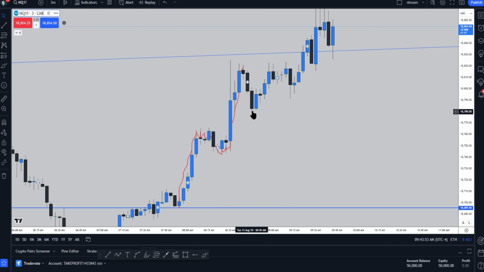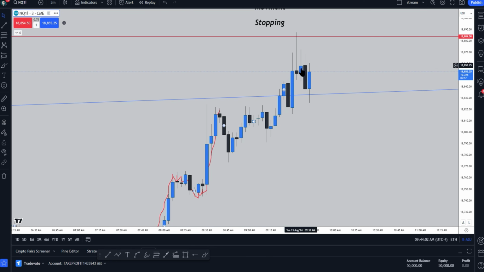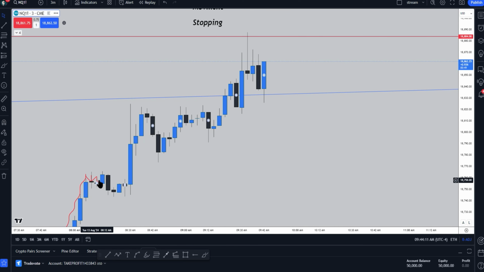Stopping action, retracement, consolidation, move up, stopping action, retracement, and now it's probably going to do another move up.